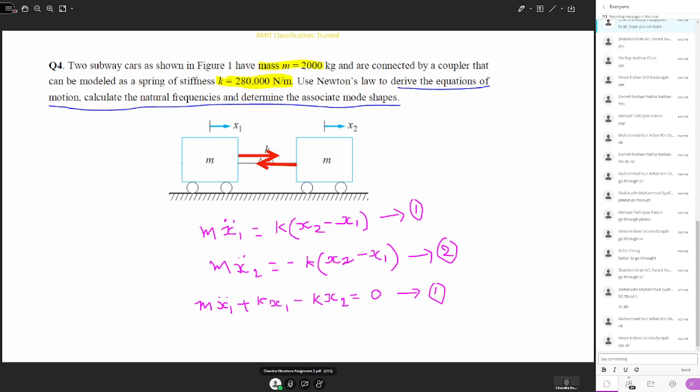Similarly, rearranging the second equation, we can write m x2 double dot.